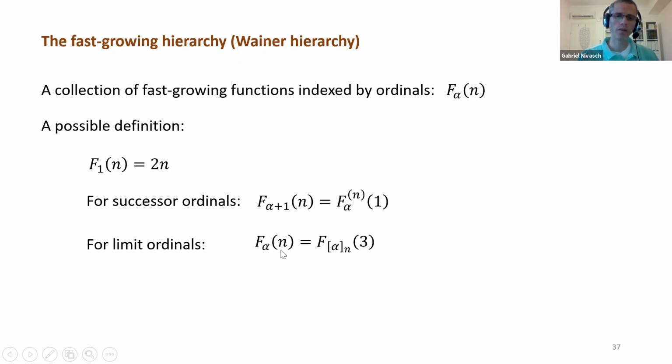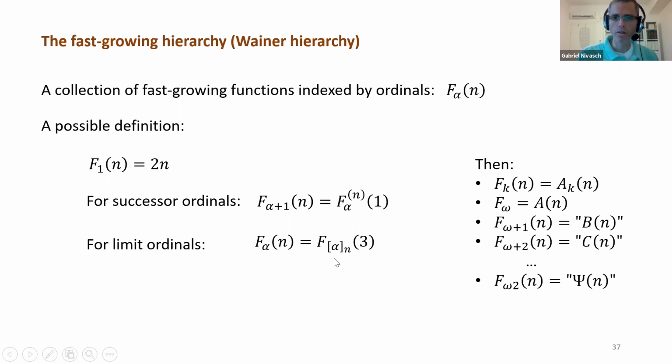And for limit ordinals, you sort of columnize on the sequence that converges to alpha. Okay, and then you get these functions that we mentioned before. You get the Ackermann hierarchy and the Ackermann function, and we get these functions that we call B, C, and so on, and the function we call psi is actually f omega 2 of n.